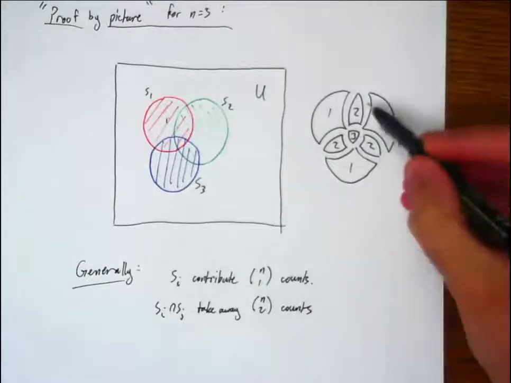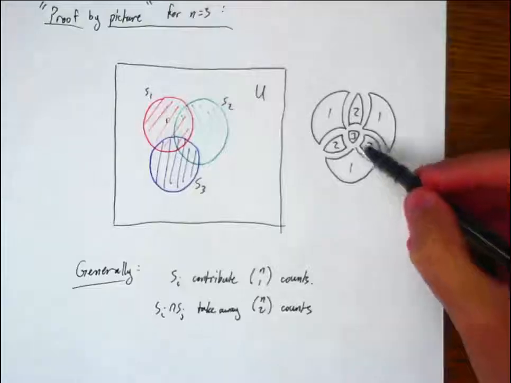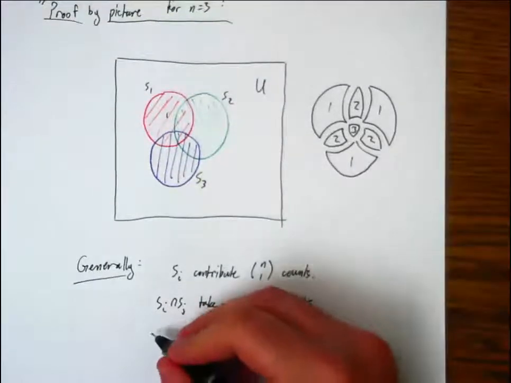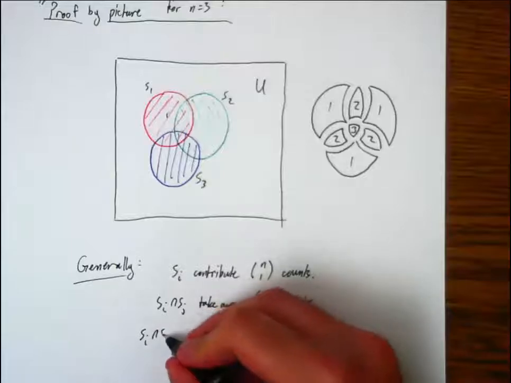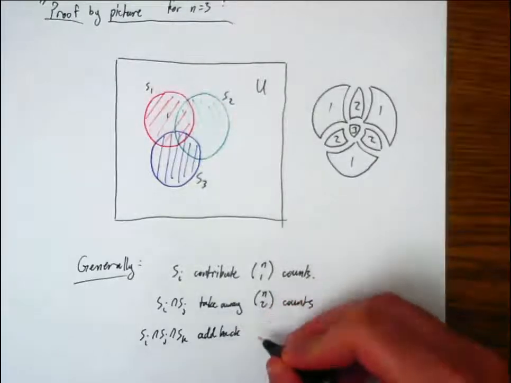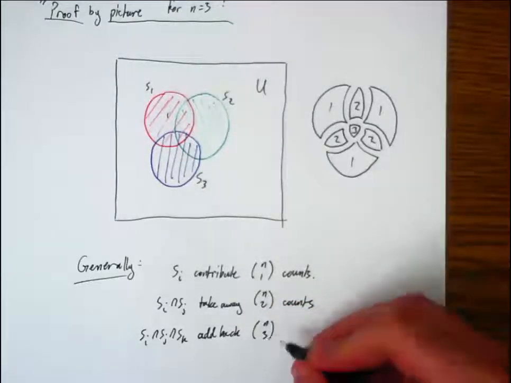Okay, so this brings me back down to being in the negative. Like I took away too many things and I have to get back up. The S_i intersect S_j intersect S_k pieces are going to add back an n choose 3 to the count.